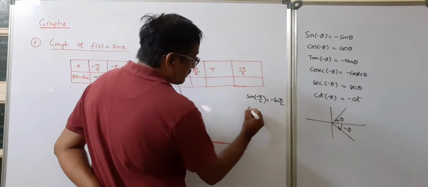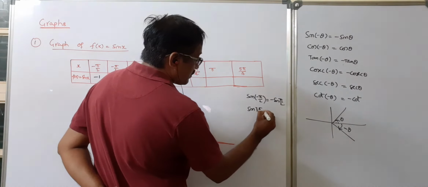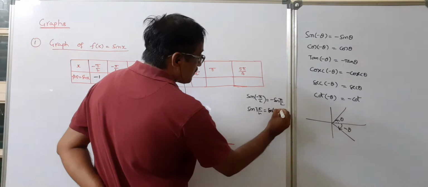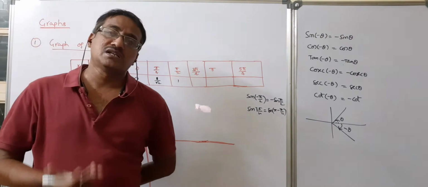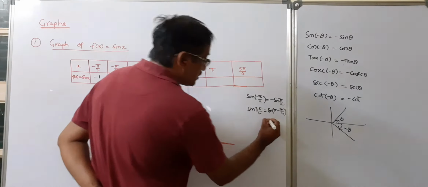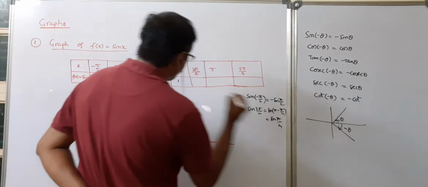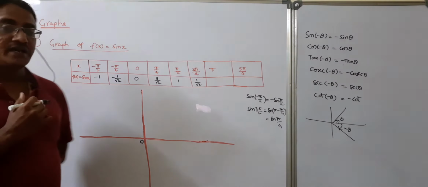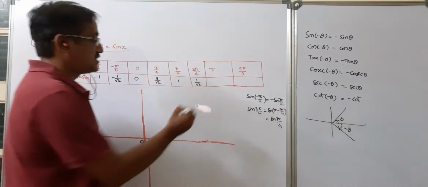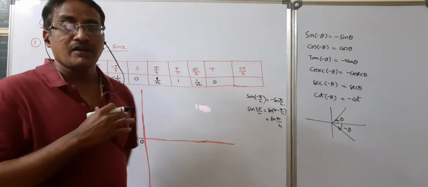Sine 3 pi by 4. You can write it as sine of pi minus pi by 4. Sine 180 minus theta is sine theta. So you will get sine pi by 4, and the result will be 1 by root 2. And sine pi, sine 180 degrees, is 0. Now sine 5 pi by 4.